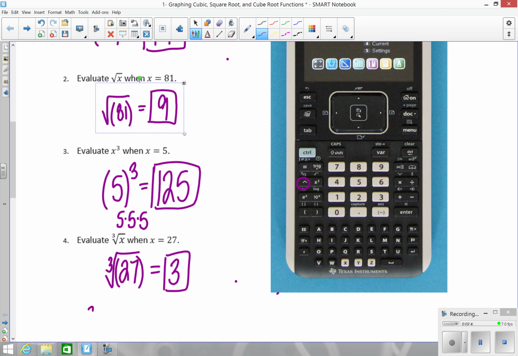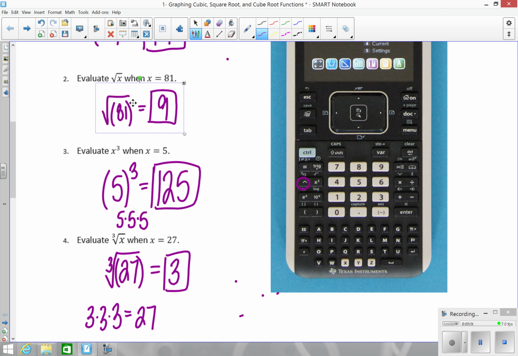If I take 3 and I multiply it by itself 3 times 3 is 9, times 3 is 27. So the cube root means what number do you multiply by itself 3 times? 4th root, what number do you multiply by itself 4 times to get whatever the number is underneath the root? Square root, it's what number do you multiply by itself twice to get that number underneath. So that's the meaning of a cube root.